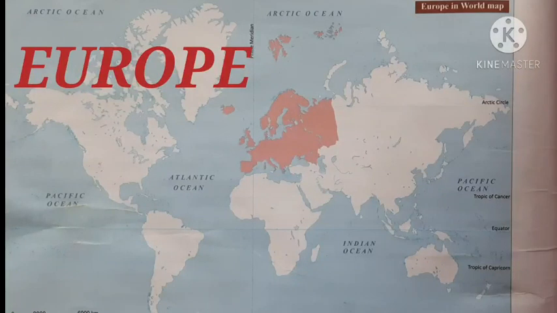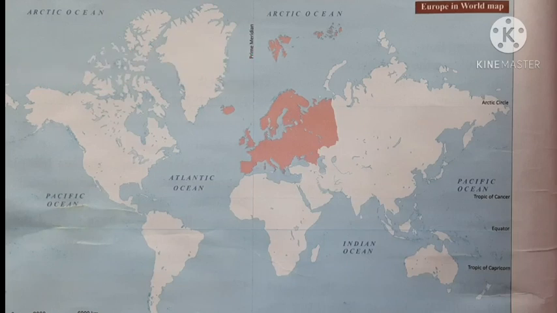Hello students, you can see the world map is represented here and there is a colored part that represents the European continent. We know that Europe is the second smallest continent in the world.